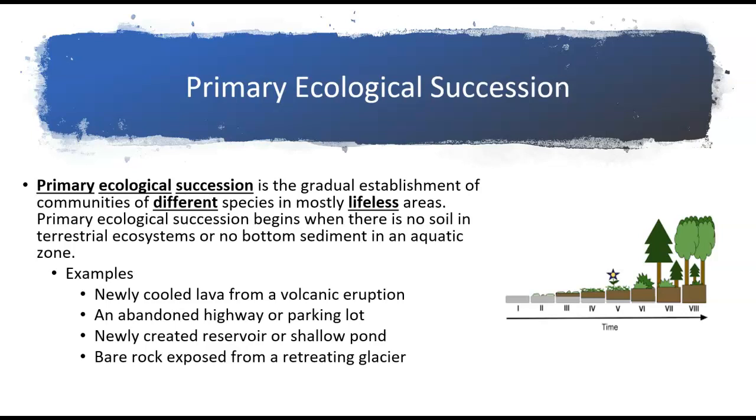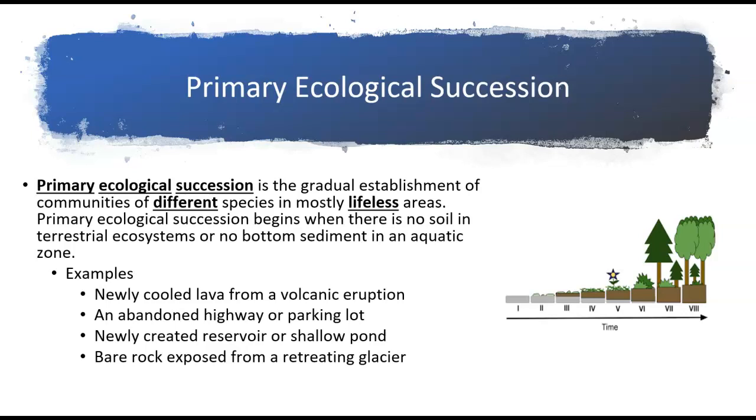Now, there are species early on in these areas. Those species are called pioneer species. They're pioneers because they're the first species to actually inhabit the ecosystem, so that bare rock.